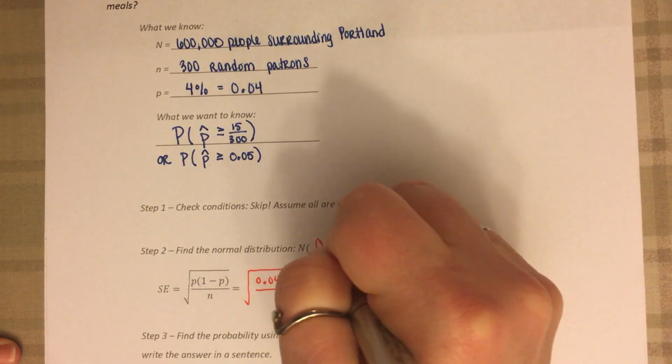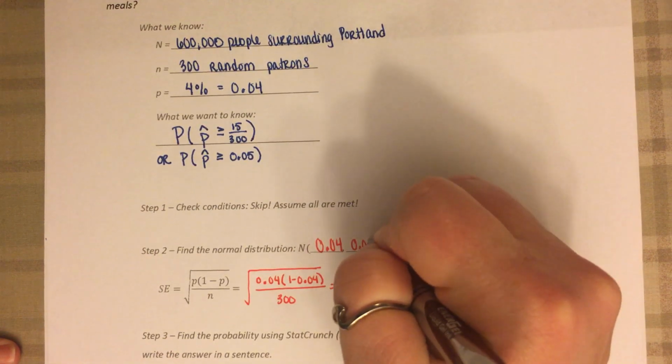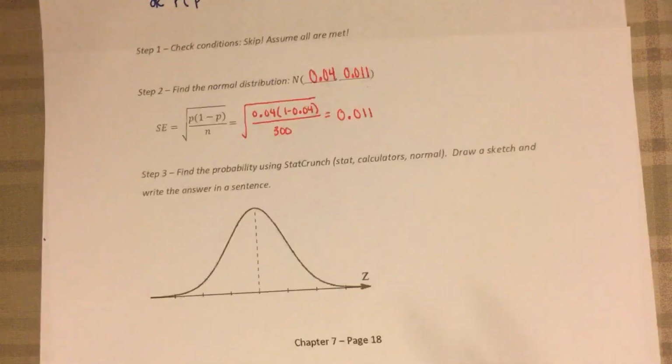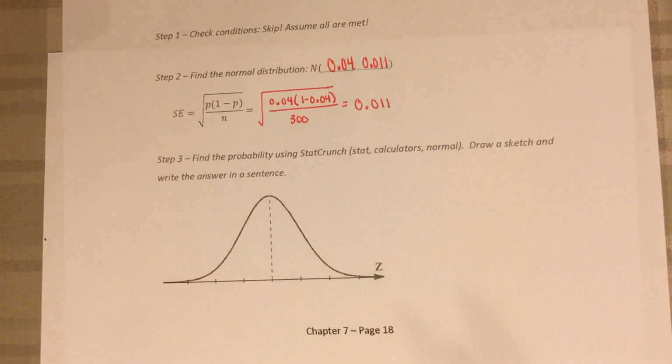So 0.04 is our first number here. This is 0.011 that we just found for our standard error. Right, that's the second number. So when we're entering values into StatCrunch, we're going to enter that one for our mean, that one for our standard deviation. Okay.